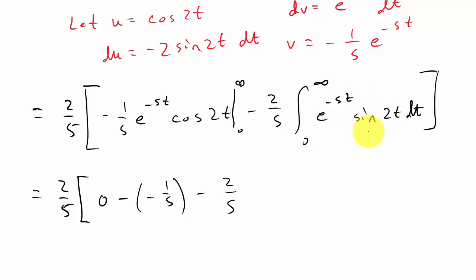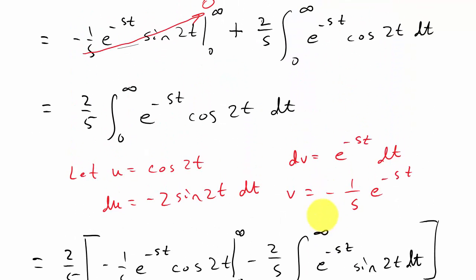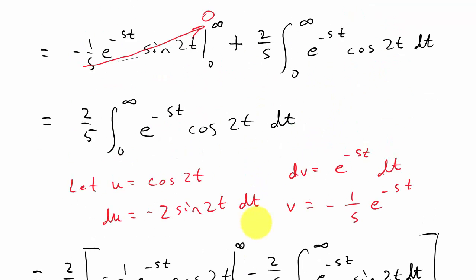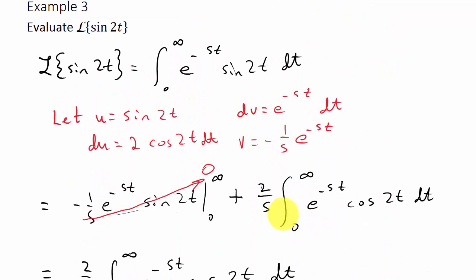Now what about this? Well, actually I would have to use, I can't really integrate that, I would have to use integration by parts, wouldn't I? But look at this. Notice what I have here, e to the negative st times sine 2t dt, and that's the integral as we go from 0 to infinity. Alright, we'll come up here. The integral from 0 to infinity, e to the negative st sine 2t dt, what is that?